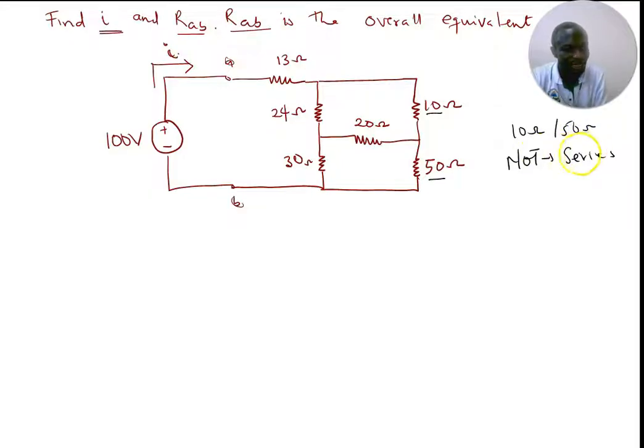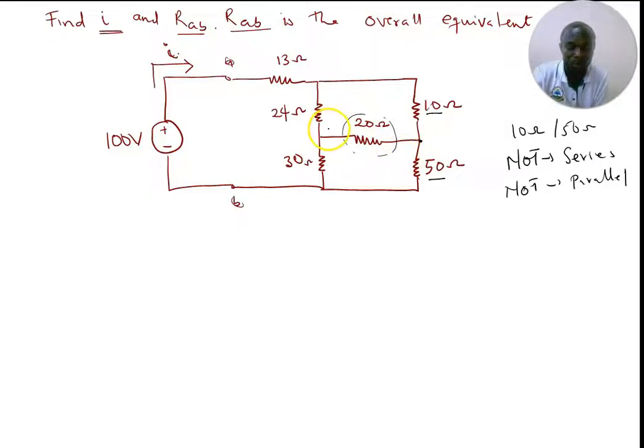They are not in series, neither are they in parallel, because this resistor over here is connected between them, which makes it difficult to know whether they are in series or parallel.